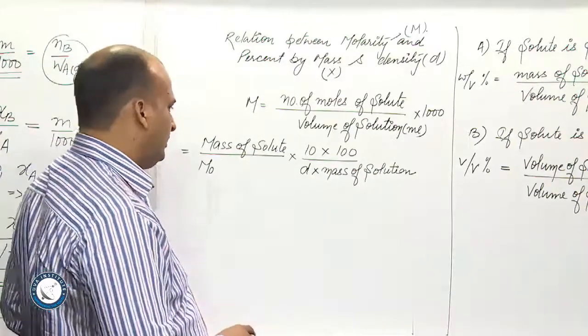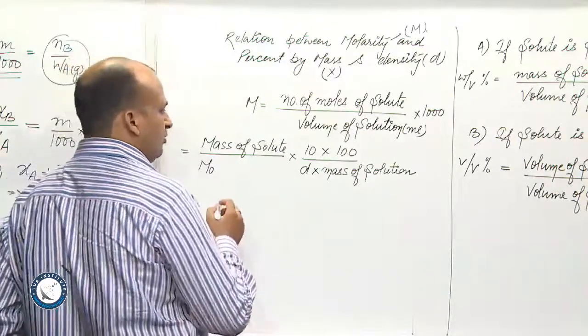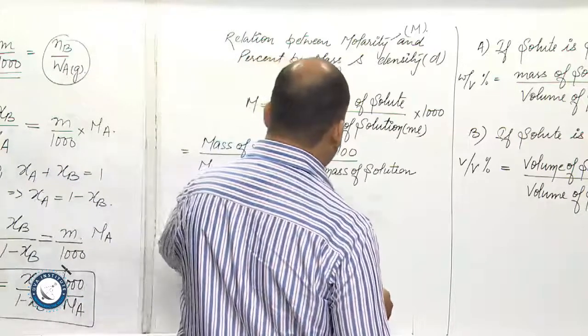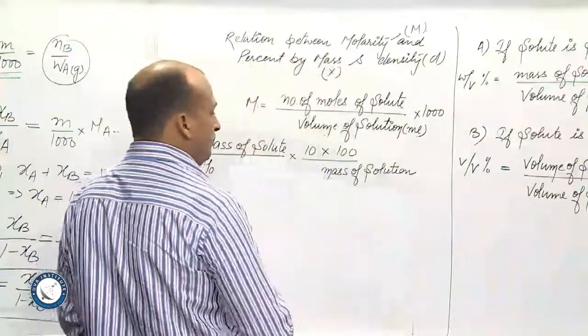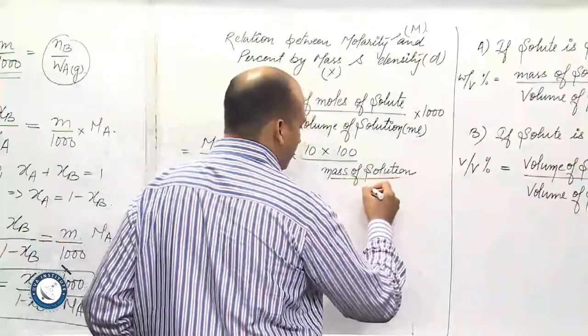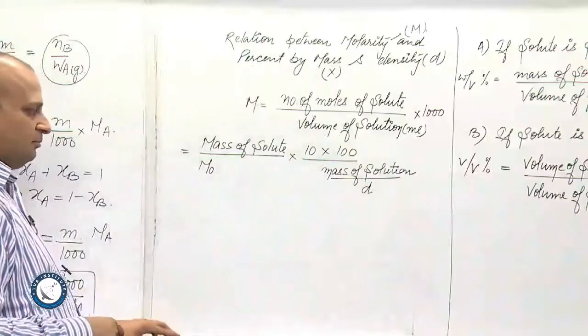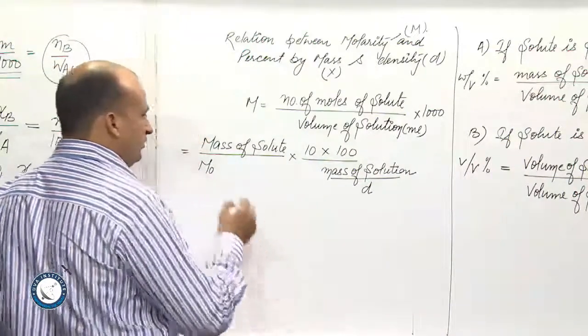Now what I will do, my dear friends, it should be mass of solution upon density. I by mistake wrote multiplied by, it should be mass of solution by density. Now see what I am going to take.